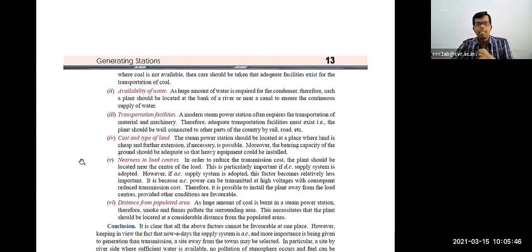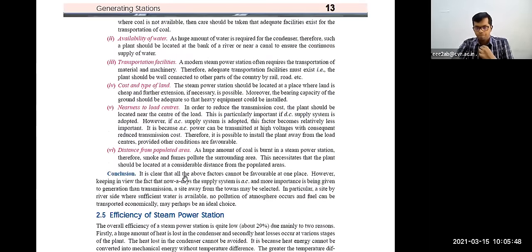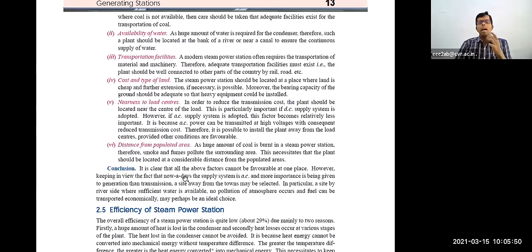Next is distance from the populated area. As I said, as a huge amount of coal is burnt in the steam power station, some smoke and fumes will come out in the surrounding area. If you are located near the coal fired generating units, you may find some smoke.